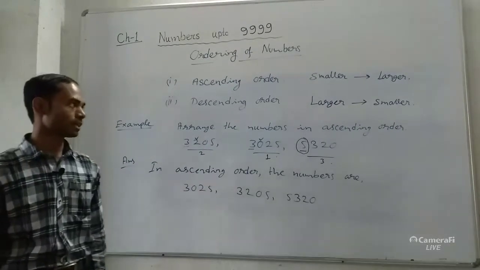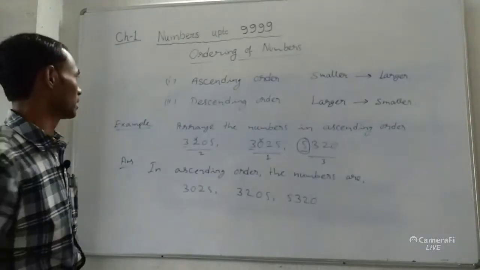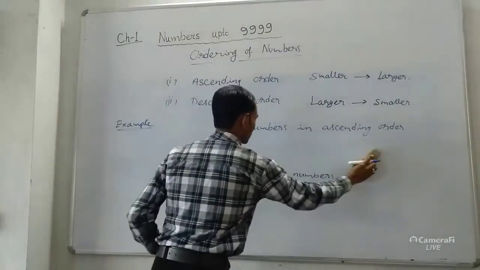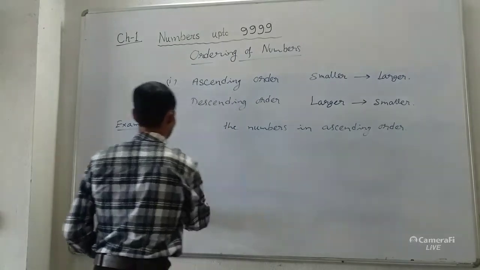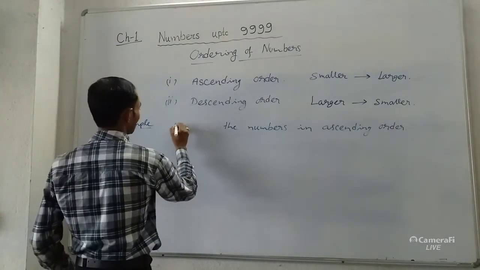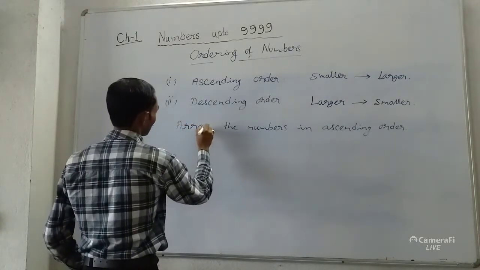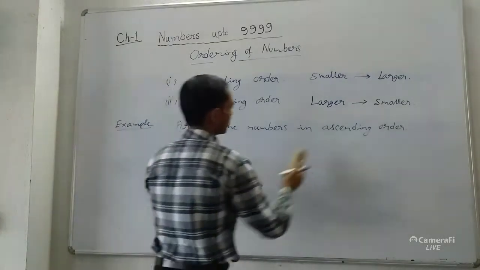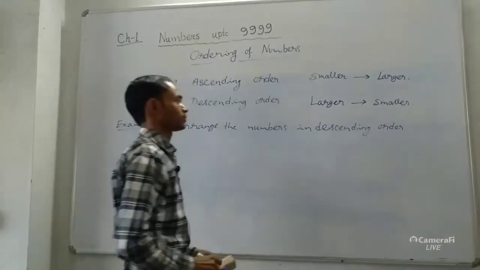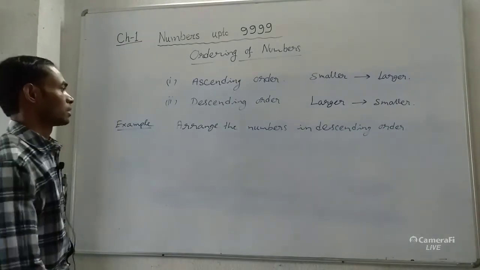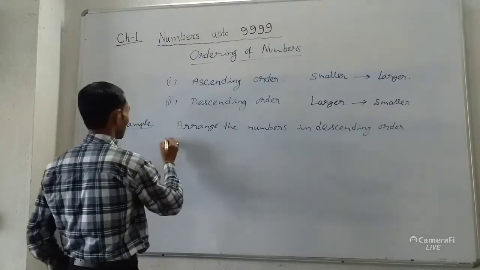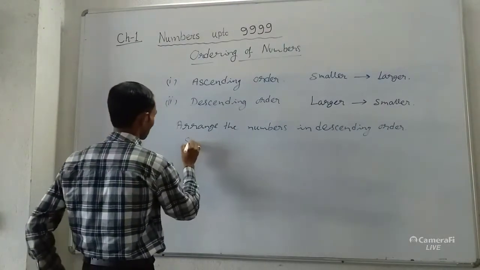Let us come to another example, to arrange the numbers in descending order. Arrange the numbers in descending order. So, descending order of these three numbers.